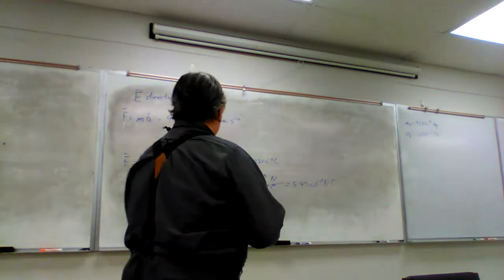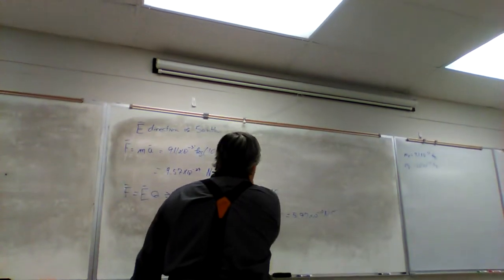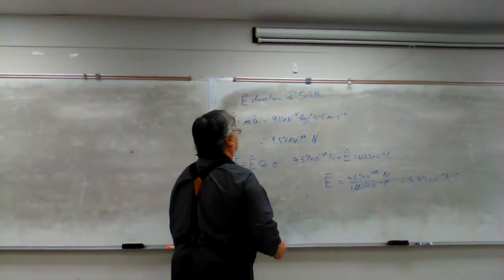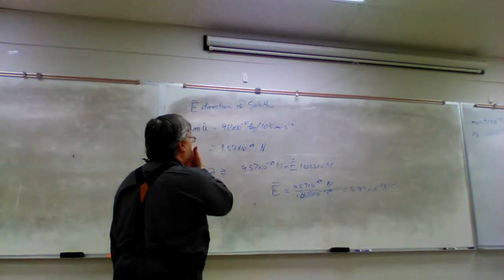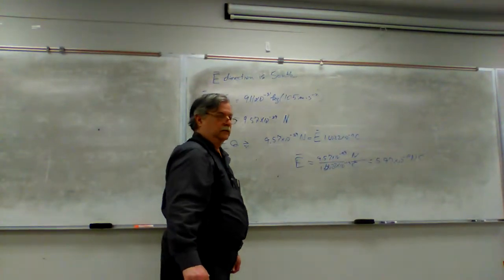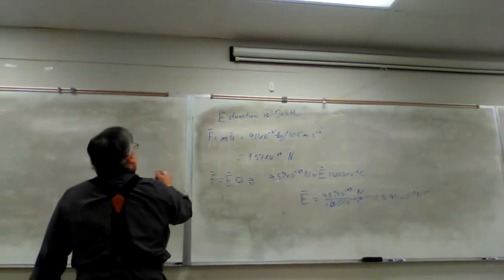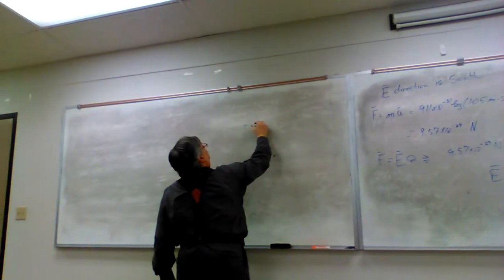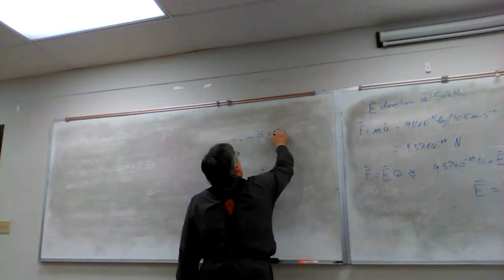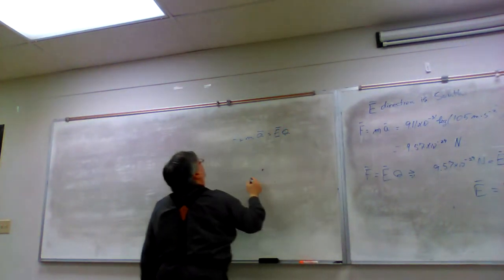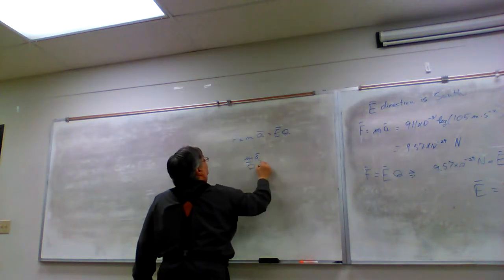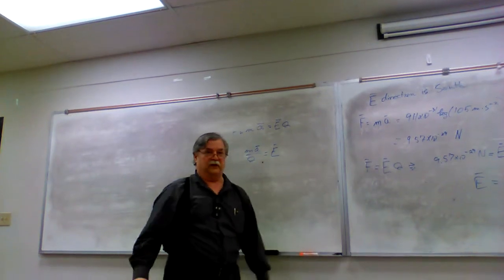Q times E over M. Right. That's what I just did. See, what we're saying is force equals mass times acceleration, which is equal to the electric field times Q. So if we take MA over Q, that leaves us with E. That's all I did.